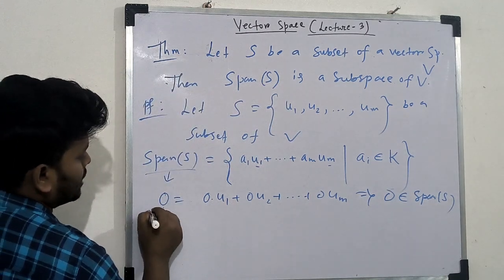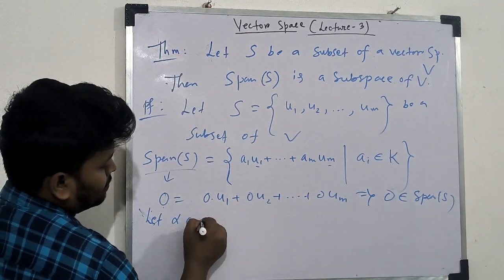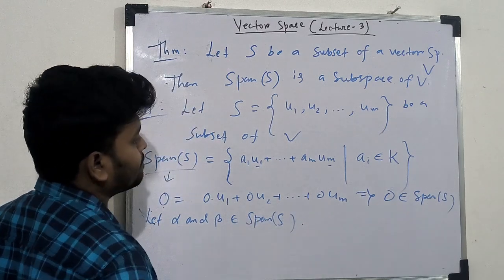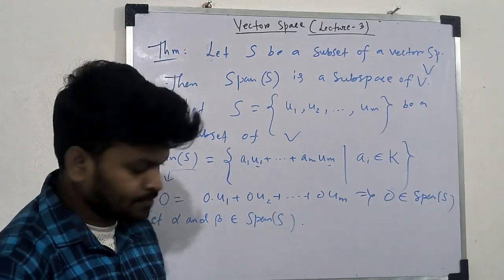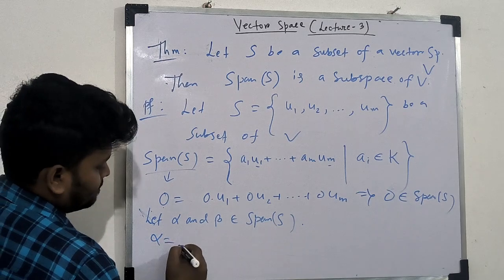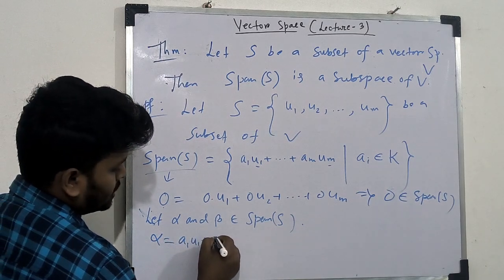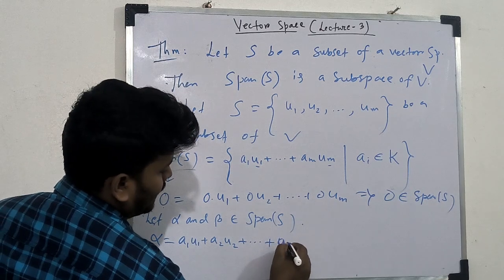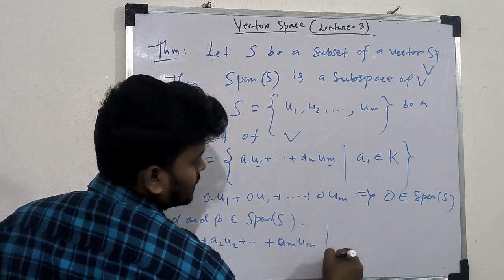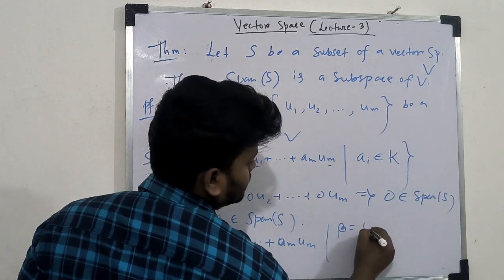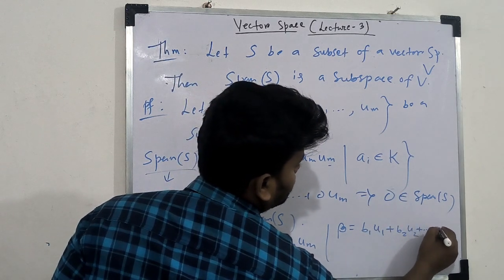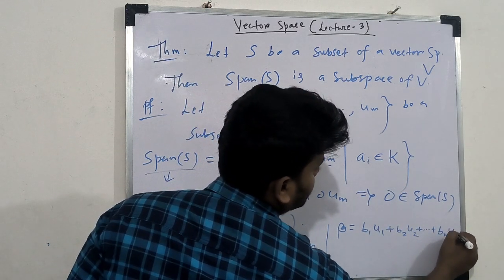And let us consider two elements alpha and beta belonging to this span S. Then alpha can be written as a1 u1 + a2 u2 + ... + am um, and beta can be written as b1 u1 + b2 u2 + ... + bm um.